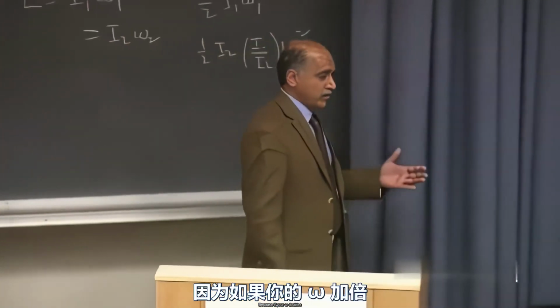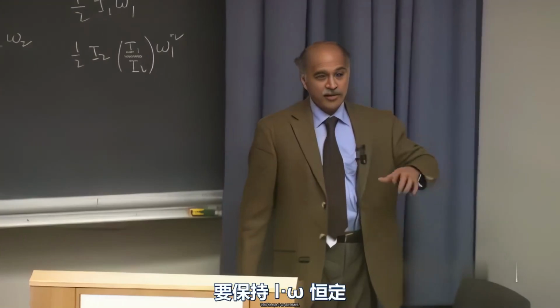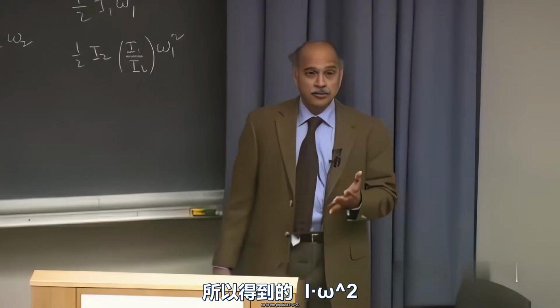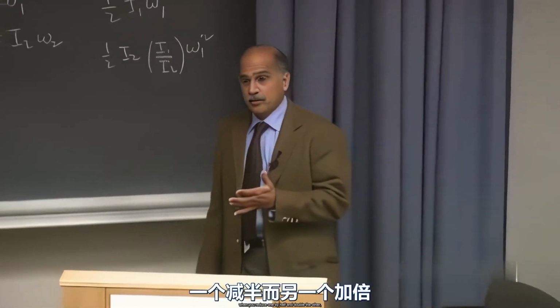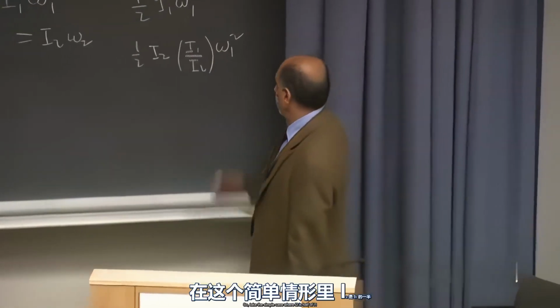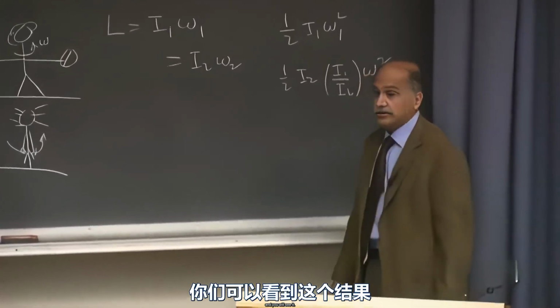Because if your omega doubles, because your moment of inertia went down by a factor of half, that keeps I omega constant. But you're supposed to square the omega. So in the product I omega squared, when you reduce one by half and double the other, you gain a factor of 2. So take the simple case where I2 is half of I1, and you will see it.